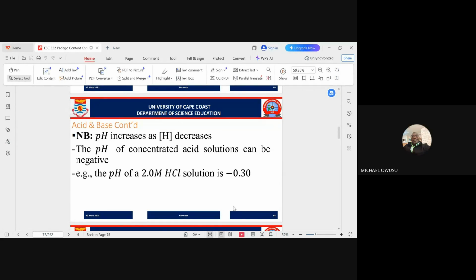Because you get the mole of the hydrogen from the dissociation of the acid. So the acid will be given to you, then you have to dissociate it, balance it, and find the mole ratio of the acid to the hydrogen. That will give you a value.